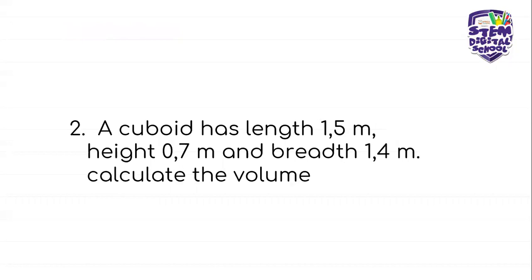Right, in this case, you simply multiply. Remember that the most basic thing you need to do is to substitute correctly. So you simply take the length, which I've given you as 1.5 meters. So you multiply 1.5, and the breadth is 1.4. Then, of course, 0.7, that is the height.